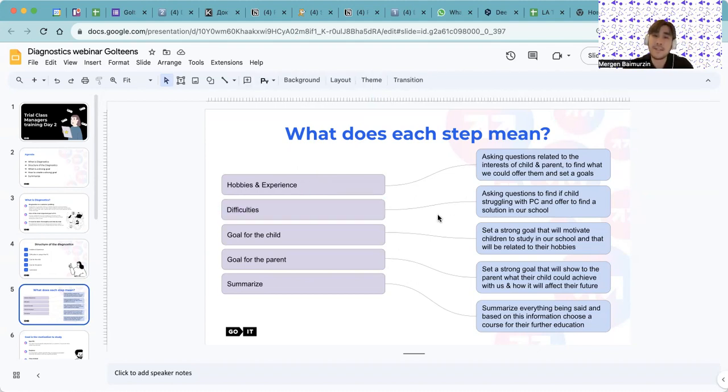Difficulties. Difficulties is when we ask a question that sounds like this: Marcus, tell me please, how would you rate Bobby's skills in using a computer from 1 to 10? And tell me why. We ask this question so the parent would rate the child's skills of using a computer and tell us why.